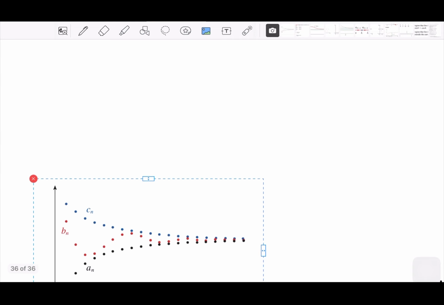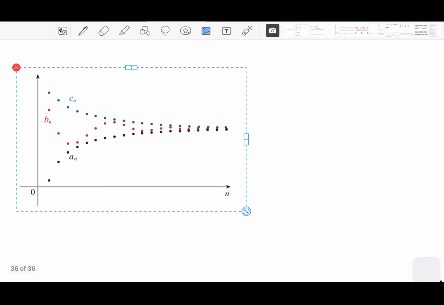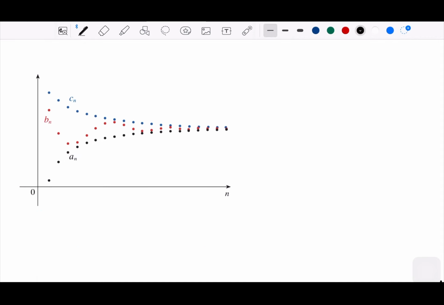Then because we discuss limit in a sequence, imagine if we have three different sequences, A, the black dots, and then B, the red dots, and then C, the blue dots. If you remember, because we learned limit before, if B is in between A and C, we could have the squeeze theorem, the same squeeze theorem with limit. We can also apply it in sequences.